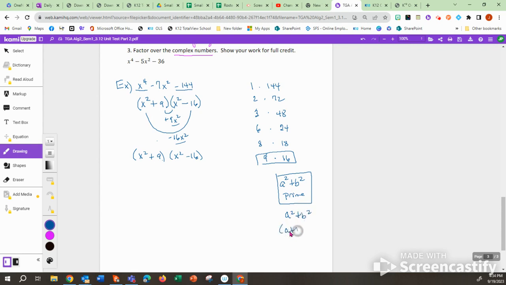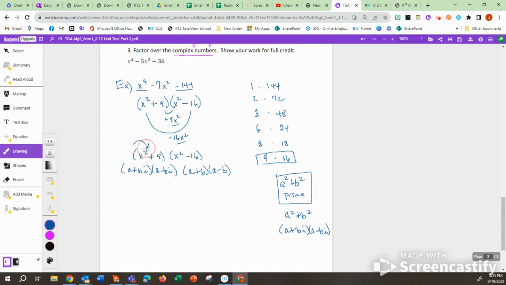It's a plus bi times a minus bi. And then the difference of squares has the formula a plus b times a minus b.